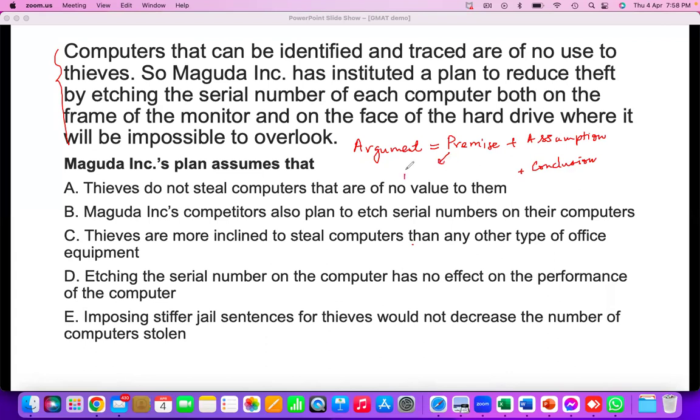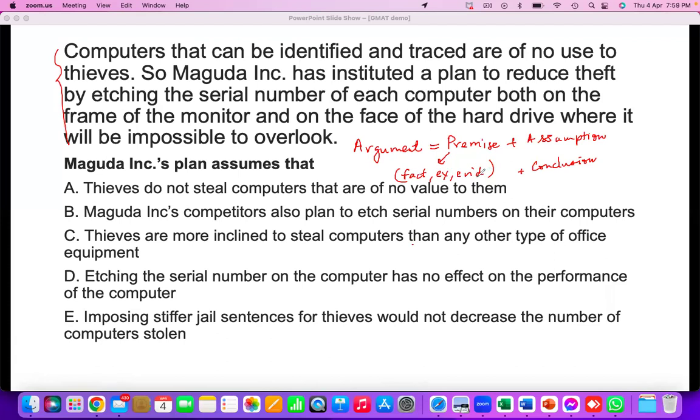Premise is something, maybe fact or example or evidence. In some cases you may have all these three. In some cases you have only fact. Some cases you have example or evidence. So premise consists of fact, example, or evidence.